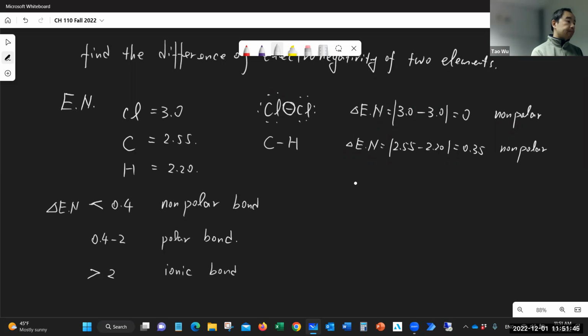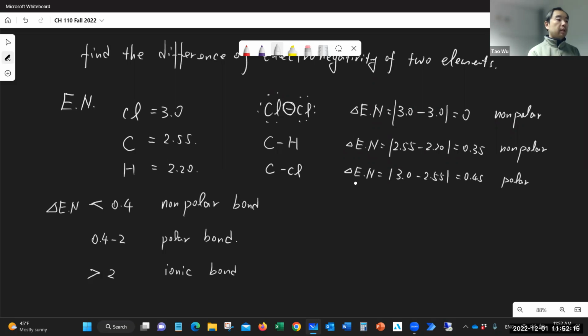So this is the difference. That's why if you're talking about the carbon and chlorine bond, you calculate 3.0 subtract 2.55, and that's 0.45. So we assume that's going to be a polar bond, because it's larger than 0.4, although just a little bit.